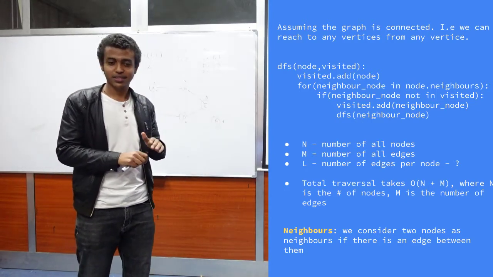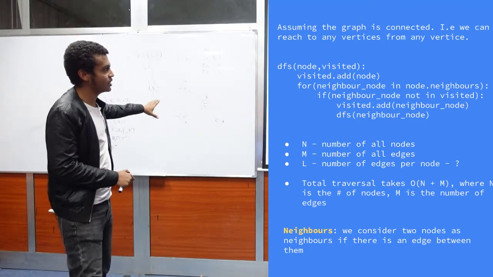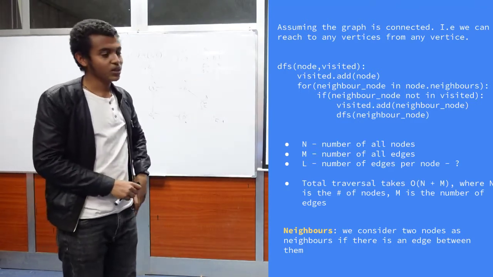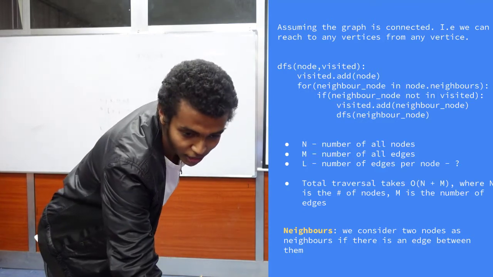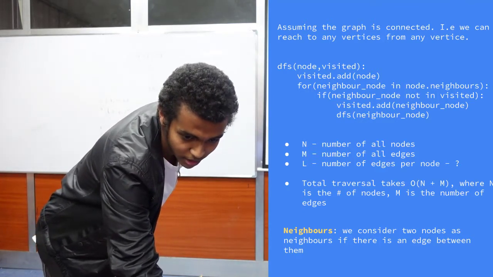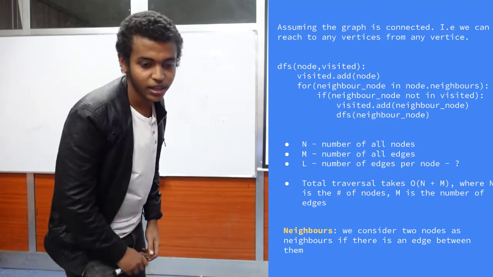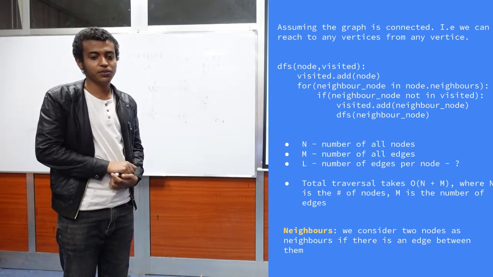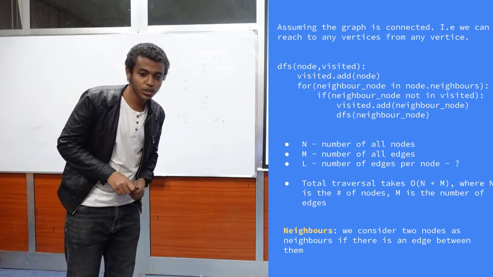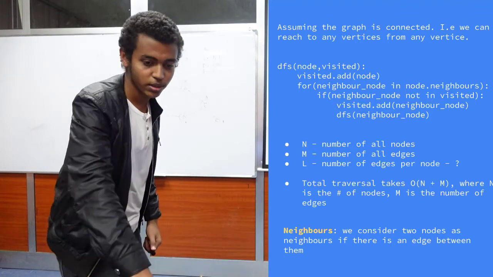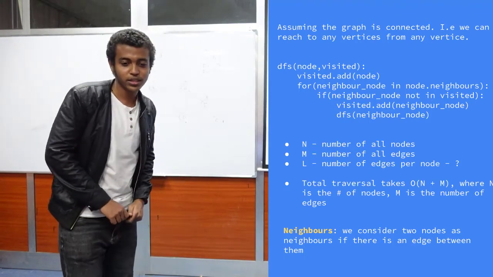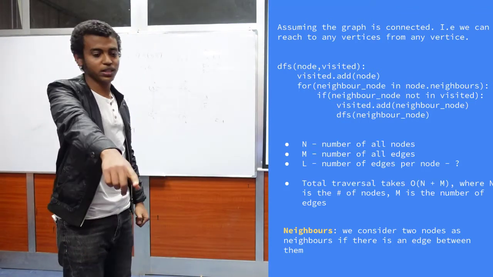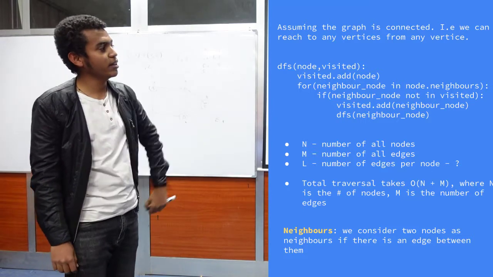So it's exactly what we said, but I used visited.add twice. The thing is, it's up to you when to decide the visited node, but I would advise you to add your neighbors before calling the DFS function.